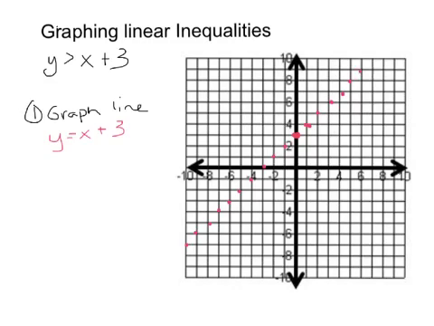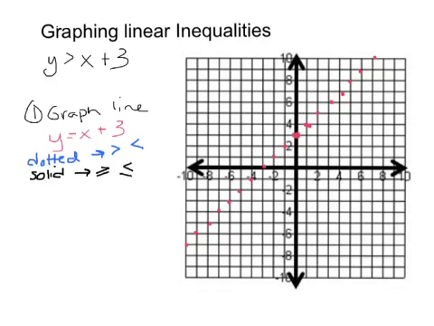Okay, you'll notice that I leave it as dots. The reason being is that the boundary line will be dotted when it's greater than or less than, and it'll be a solid line like how we graphed the lines before, when it's greater than or equal to or less than or equal to.